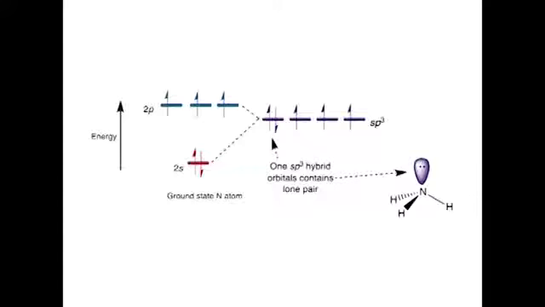The shape is similar to that of sp3 hybridized orbitals of carbon, but one of the sp3 hybrid orbitals of nitrogen has a pair of electrons and does not take part in bonding. In ammonia, each of the hybrid orbitals of nitrogen having 1 electron forms a sigma bond with a hydrogen atom.